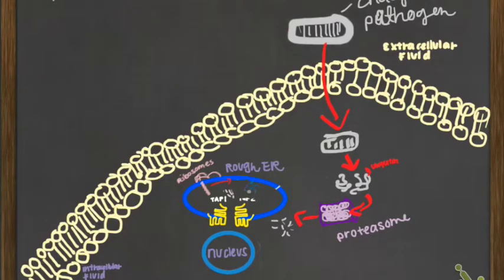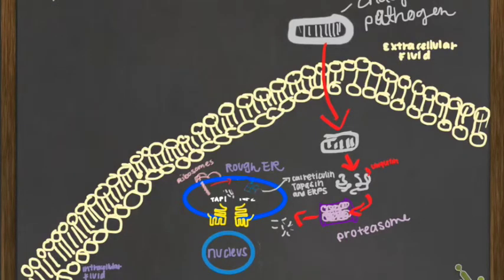Once a peptide is bound to the MHC class 1 molecule, the chaperone proteins dissociate. Now this MHC class 1 molecule, along with the peptide, is ready to leave the rough ER.